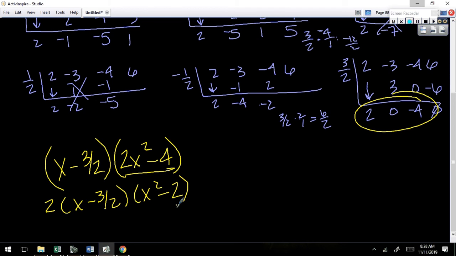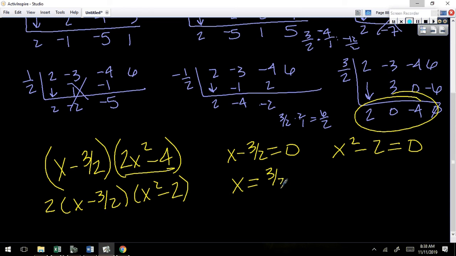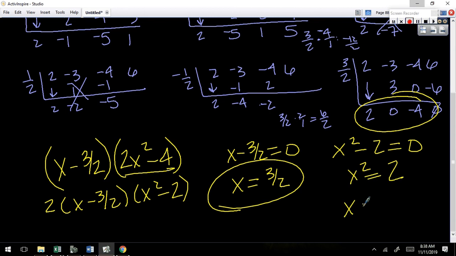So here's one, and here's another. There's one zero. What happens here? Square root, and when you take a square root, you've got to do the plus or minus.